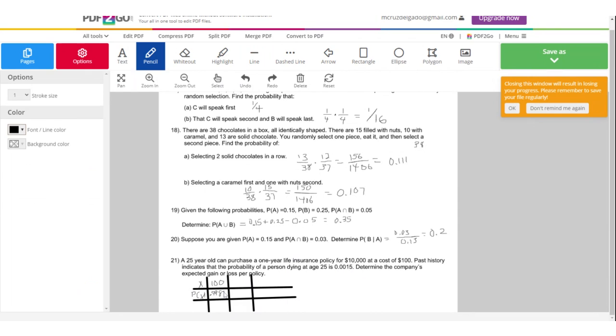All right, now for dying. If a person dies, then the company pays out the net amount. Can't forget that. So they're going to pay out $9,900.